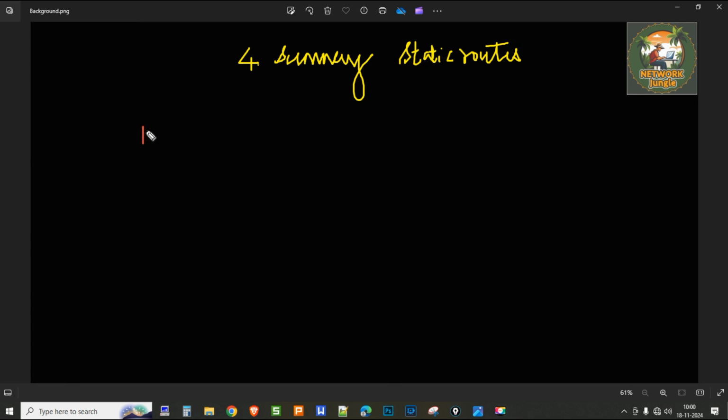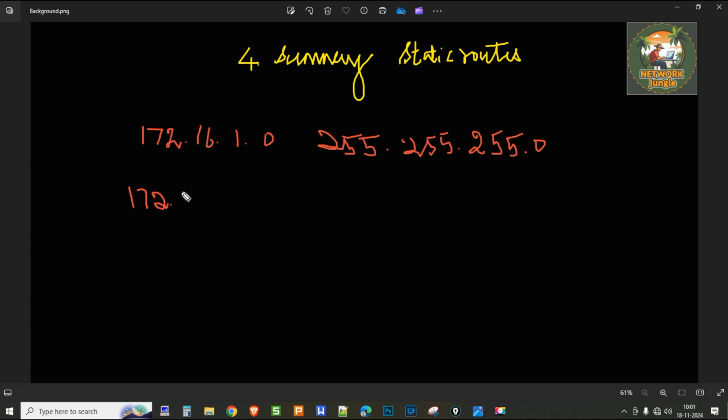For example, in your network, the destination network can be 172.16.1.0 followed by subnet mask /24. There are two networks available, 172.16.2.0 followed by the same subnet.